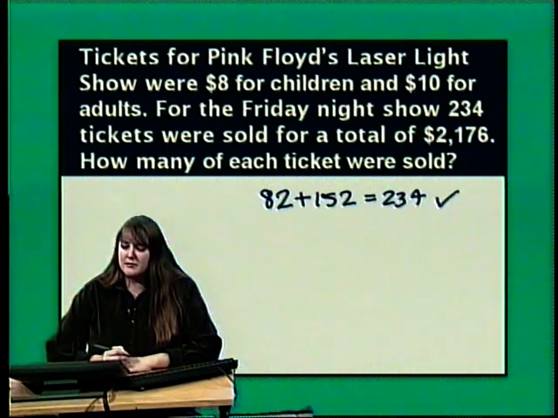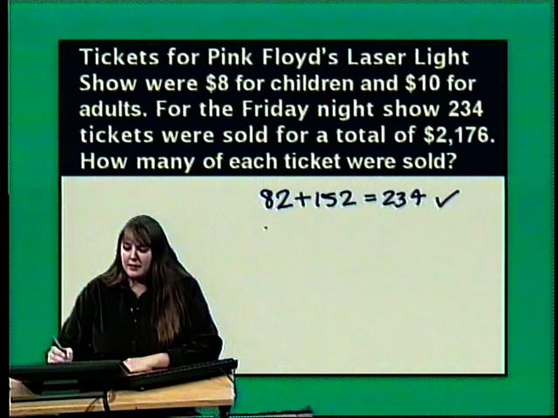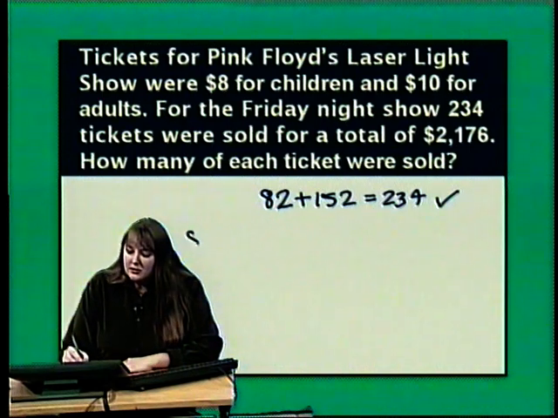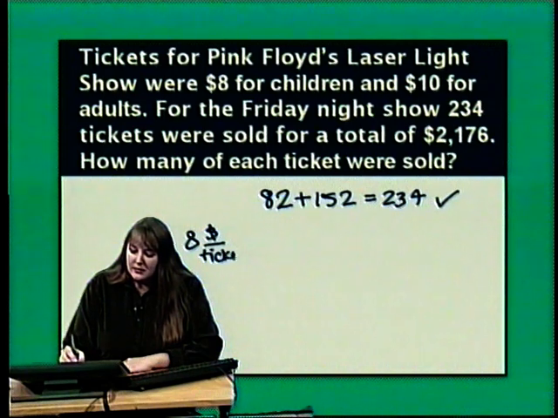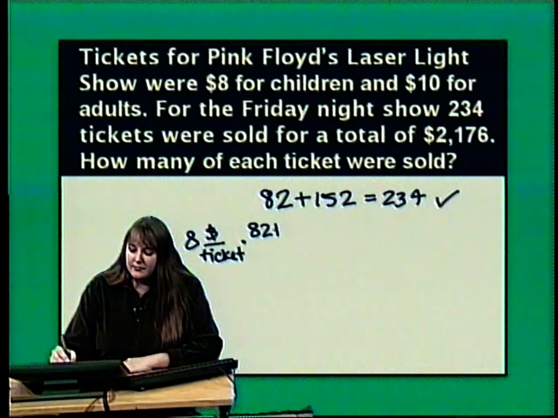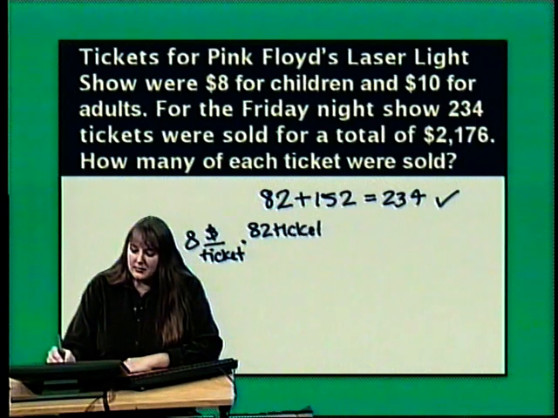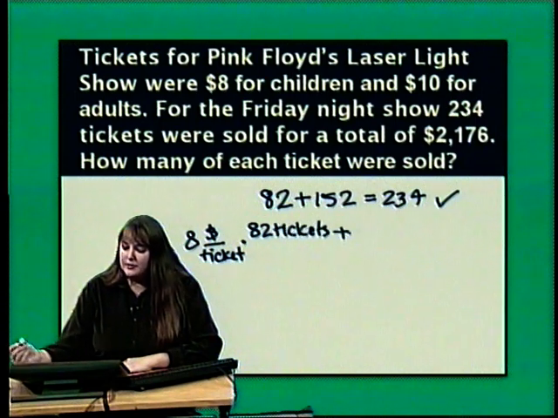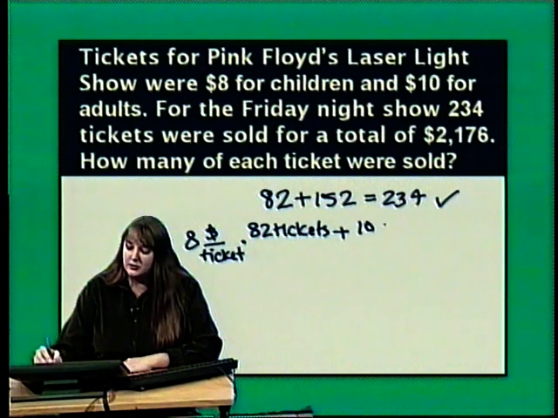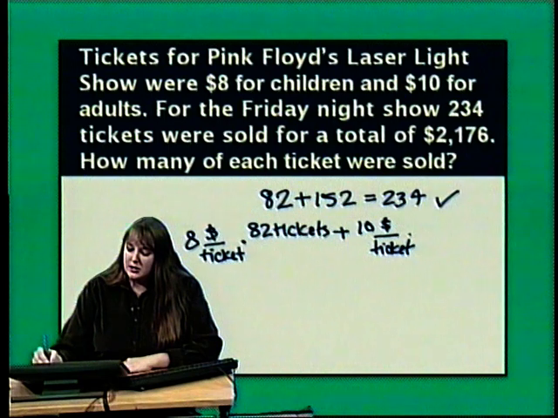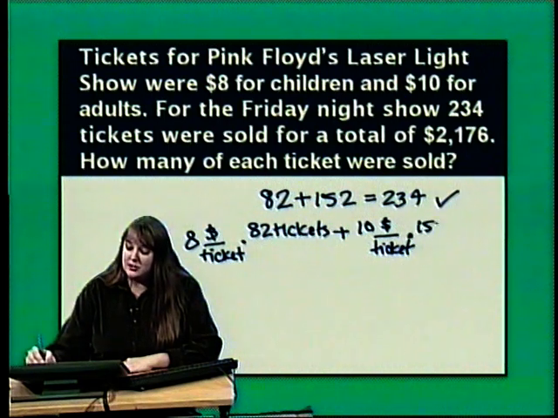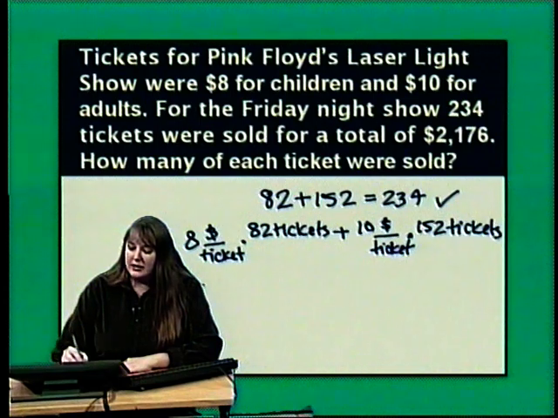What about the total revenue? Well, if I take my $8 per ticket for the children's tickets and multiply that by the 82 tickets and add that to the $10 per ticket for adult tickets multiplied by the 152 tickets, what do I get?